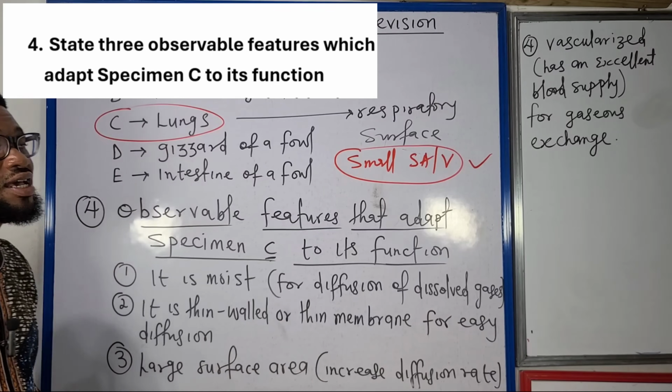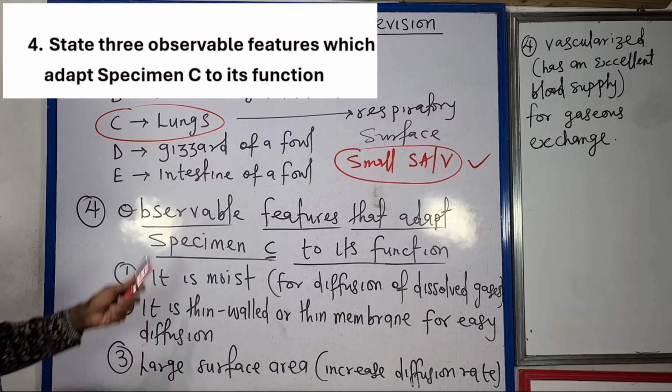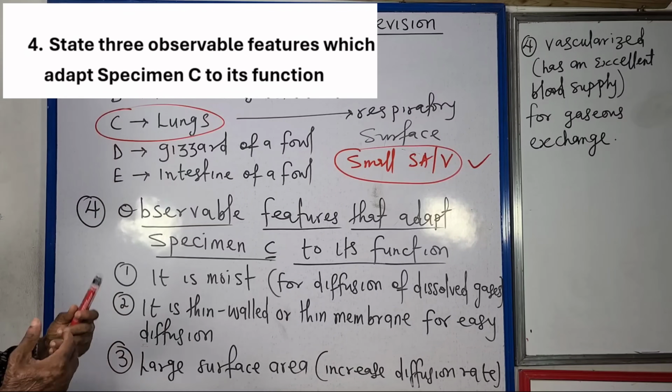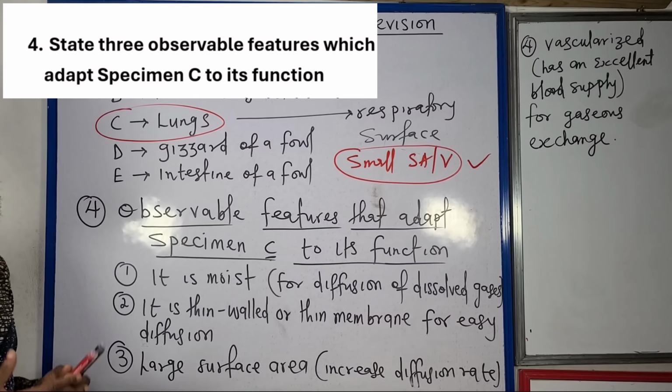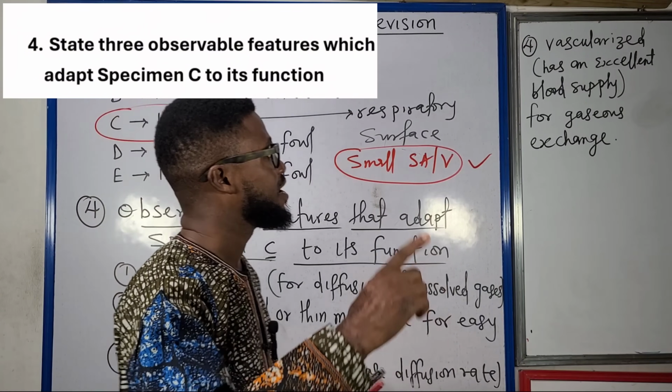That will increase the diffusion rate. And then the other thing you're going to notice is that when you touch it, you're going to see blood stain. That is to tell you that specimen C, the lung, is so well suited or adapted for its function because it is vascularized.